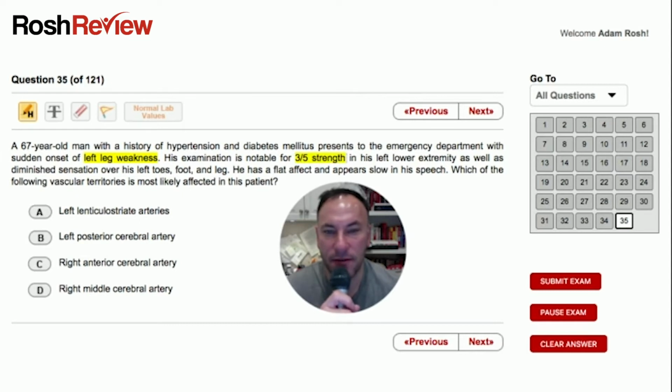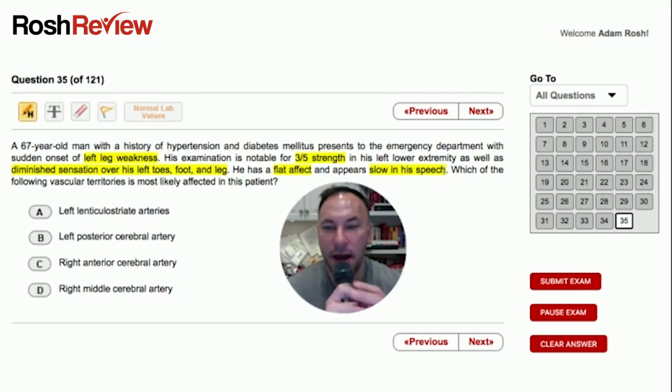We see that 3 out of 5 strength of the left lower extremity. We're also told a few more important pieces of information. He has diminished sensation on the left side as well. So now we know he has left-sided motor weakness, left-sided sensory. And he also has a flat affect and slow in speech.